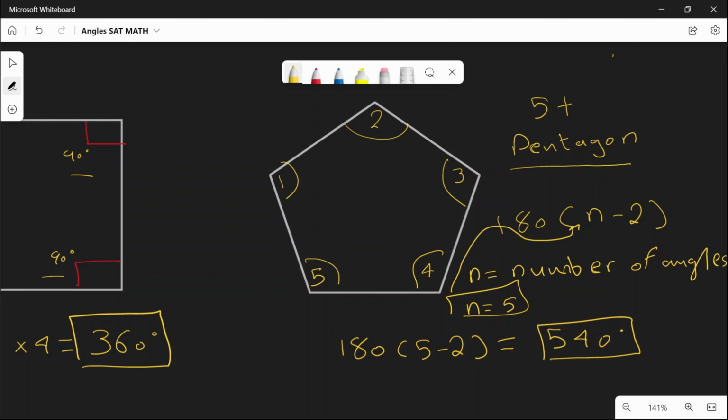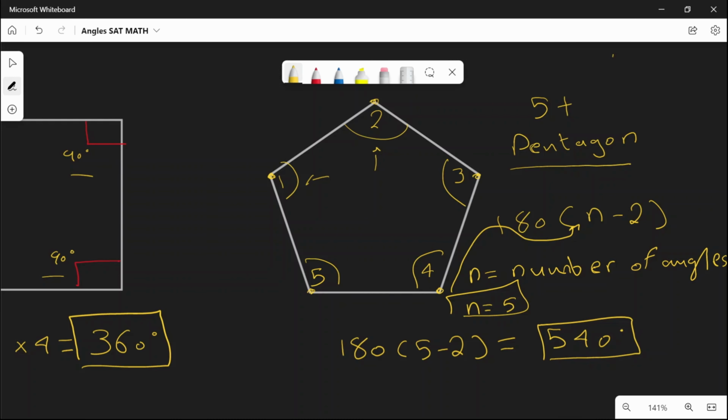Now, what if we want to find the measurement of each angle in a polygon? First thing you should notice is that all of these angles are equal to each other. And we have 5 angles in total. And we know the total measurements of all angles.